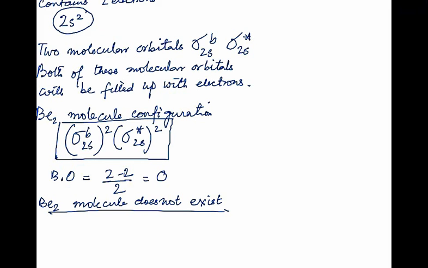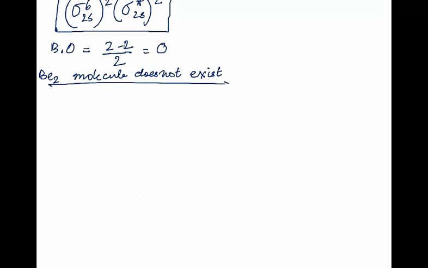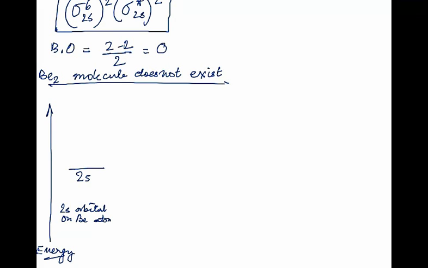If I am to draw the MO diagram, I can draw it as follows. This is the energy that is going on increasing. I have the 2s orbital of one beryllium, and I have the 2s orbital of another beryllium.